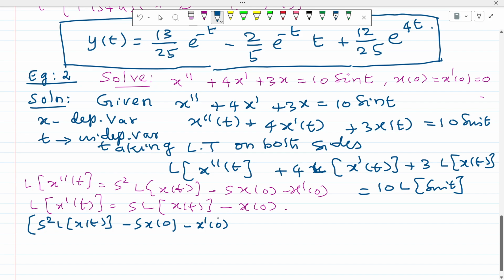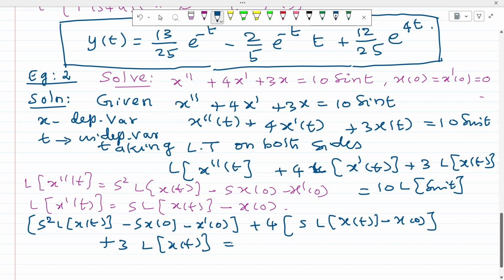That is the first term. The second term is plus 4 into s into L of x of t minus x of 0. What is remaining? Plus 3 L of x of t.